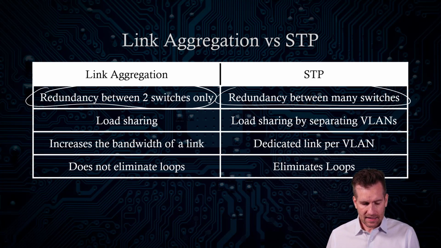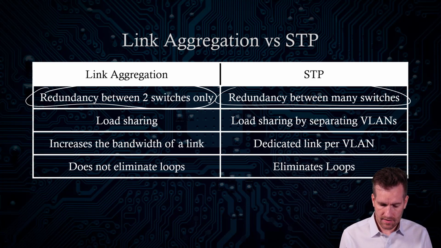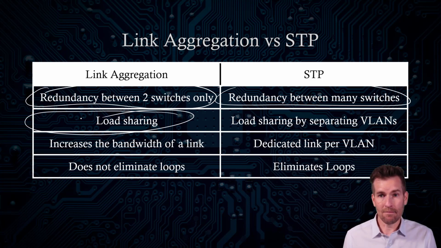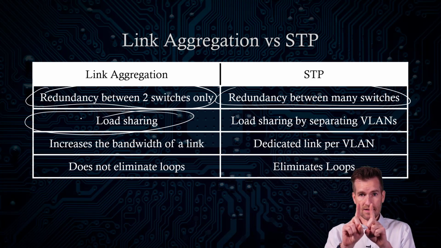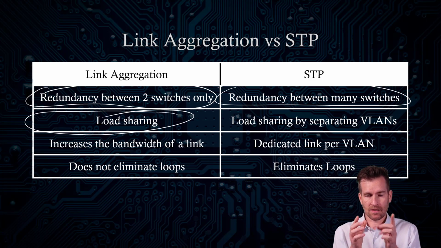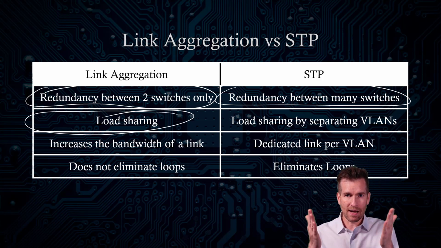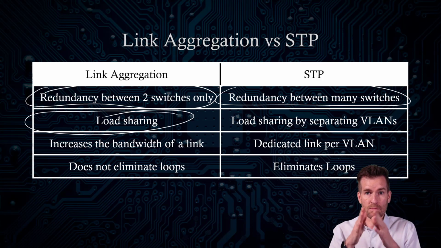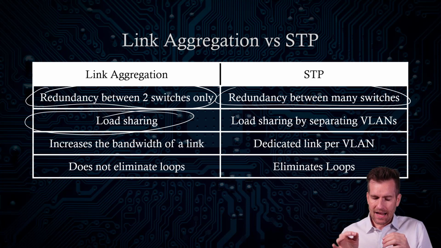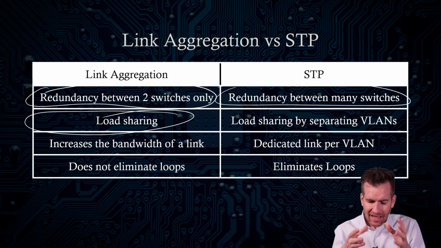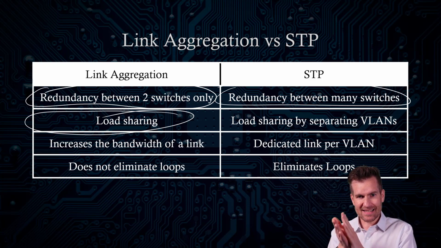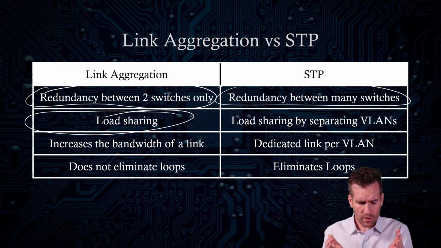The other thing that link aggregation allows us to do is some load sharing amongst those different Ethernet cables. There are some different ways that we can load balance, or share the load, between those different links. It's kind of interesting how that works, but it's beyond the scope of this course.